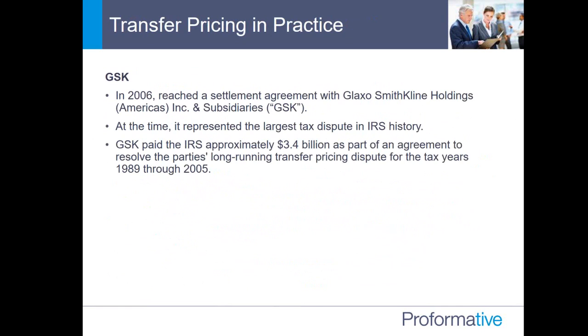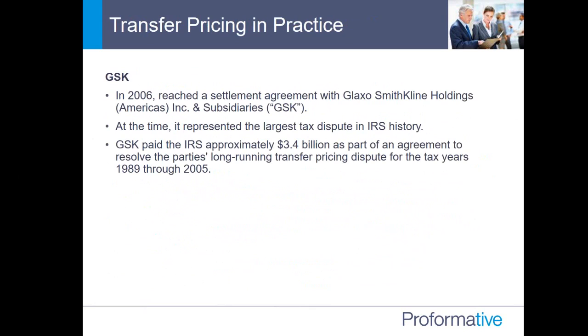So why is transfer pricing a real issue for business and not just something for your tax department to worry about? Well, perhaps the most famous example of transfer pricing becoming an issue in the real world was for GlaxoSmithKline, the pharmaceutical giant.